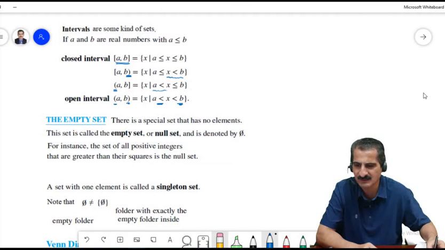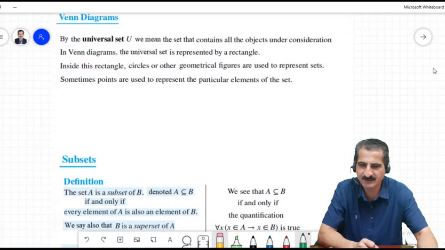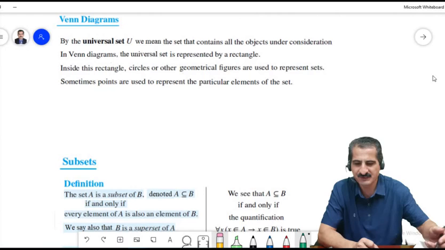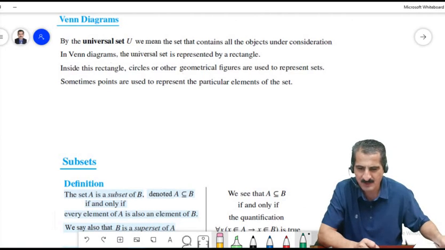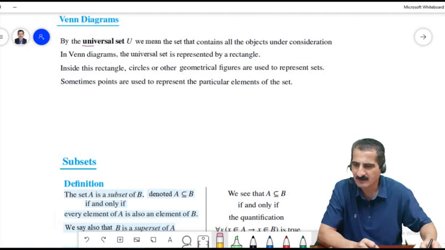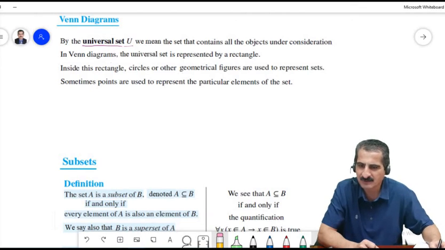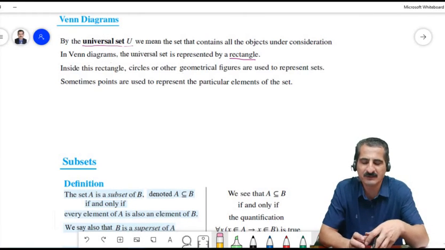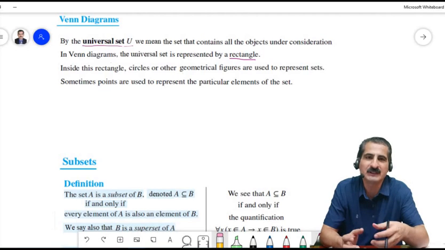This is not equalities, this is just a Venn diagram. It is a way to represent sets. We will use the universal set, and we will denote it by a rectangle. What do we mean by universal set? The domain where we are taking elements from.